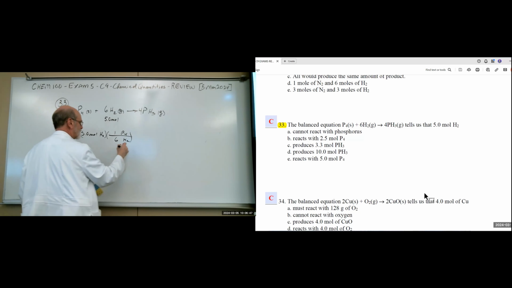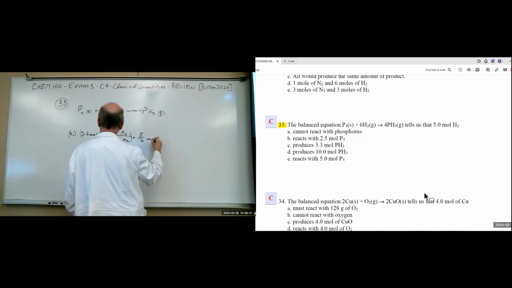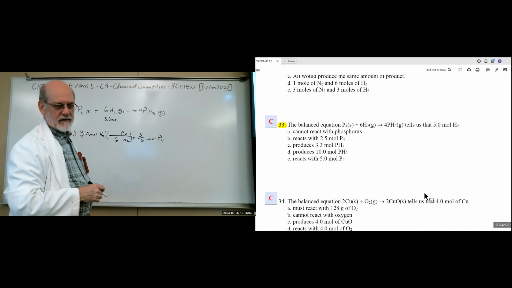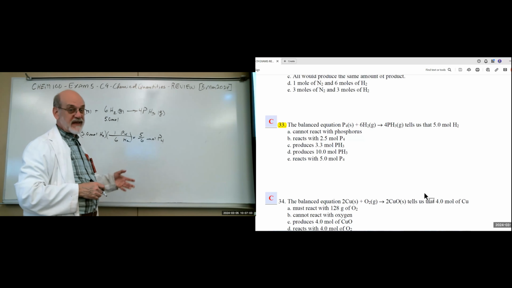So 6 into 5 equals 5/6 mole of P4. Reacts with 2.5 moles. No, that's less than 1. So B is wrong.